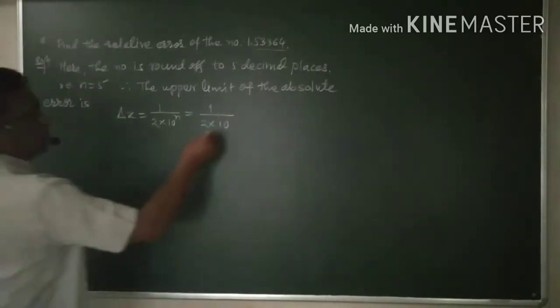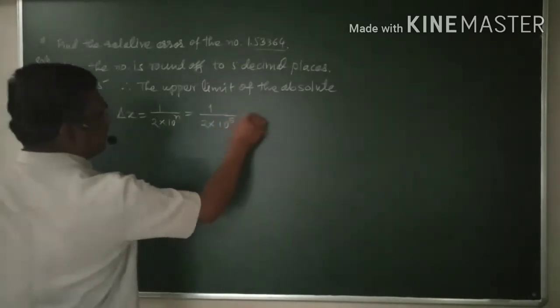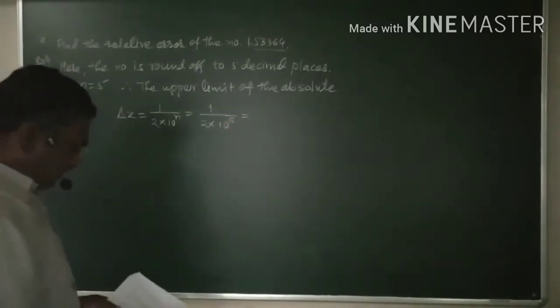N is 5. Therefore, what you have here is 10 raised to 5, which comes up to be what?